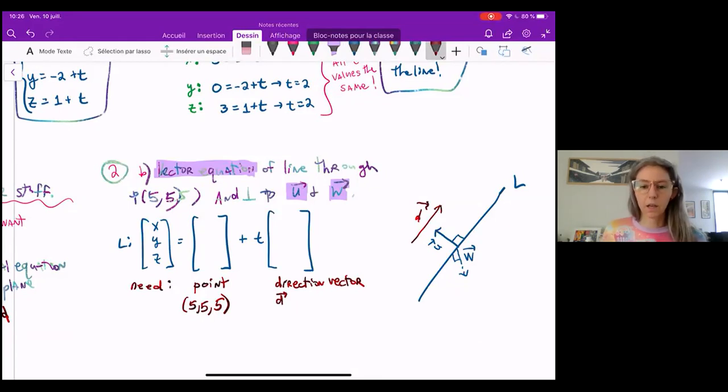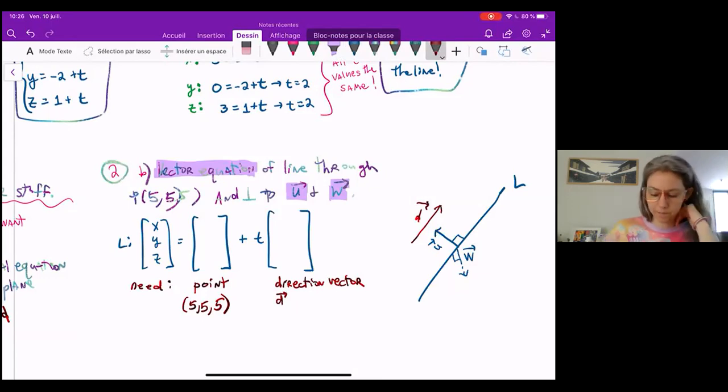Look at this. U is perpendicular to the line. W is perpendicular to the line. If D is parallel to the line, is it also perpendicular to both U and W? I mean, look at the picture. You can probably tell from the picture.